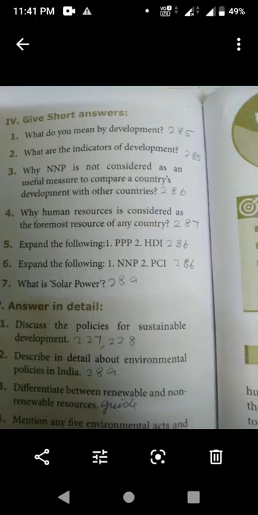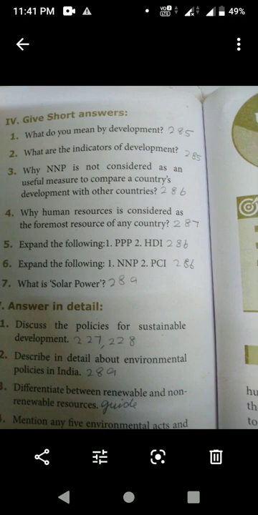I will take page number 292. There I have already given 6 question answers. Today the 7th question: what is solar power? This is a very important question. That is page number 289 under the heading solar power in India.